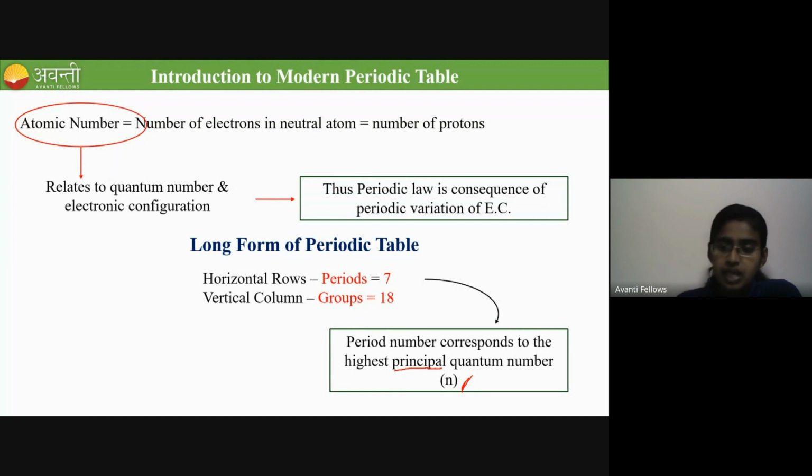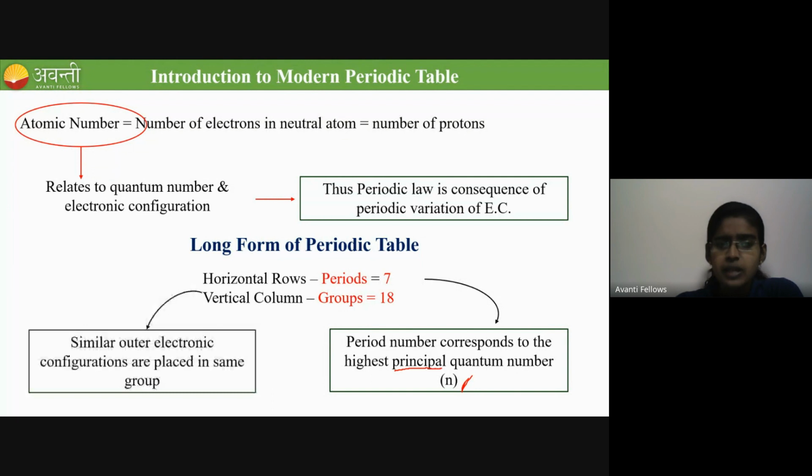In a similar way, elements with similar outer electronic configuration are placed in the same vertical column, and they correspond to the group. So n denotes the number of the shell, and similar electronic configuration denotes similar elements placed in a corresponding group. Got it? So this is a general introduction of the modern periodic table.